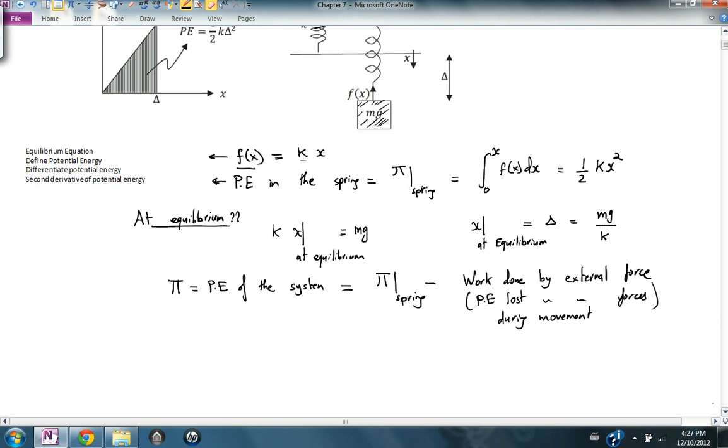So the potential energy of the system is equal to half kx squared minus mgx. If the spring at this point moves downwards a distance x, then the spring has an energy stored that's equal to half kx squared, and the external force mg has lost a potential of mgx.